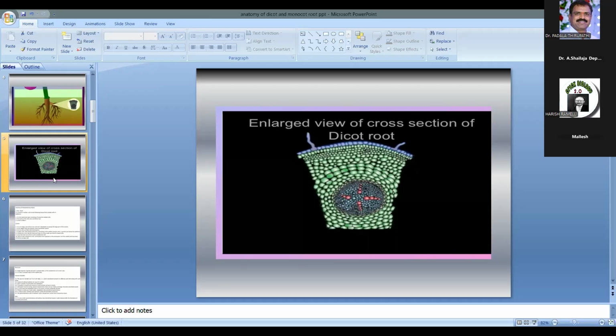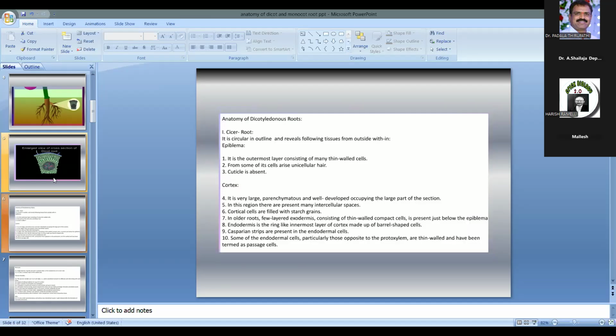So what are the anatomical characters of the root? Here some examples are given: anatomy of dicotyledon root and monocotyledon roots. First I'm going to explain the introduction about the anatomical characters of the root. The internal organization of the root is simpler than that of a stem.